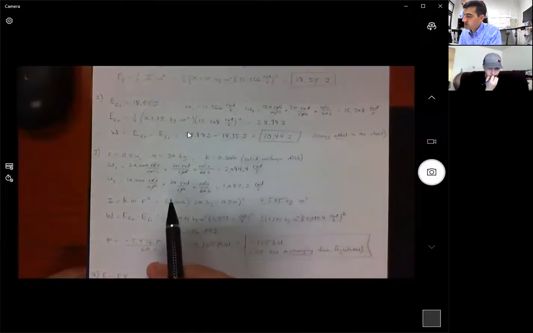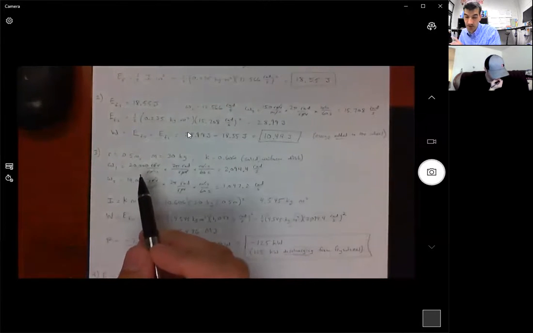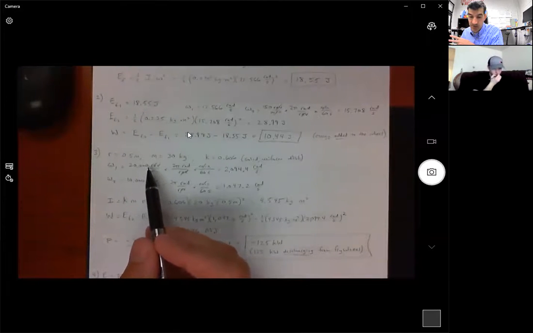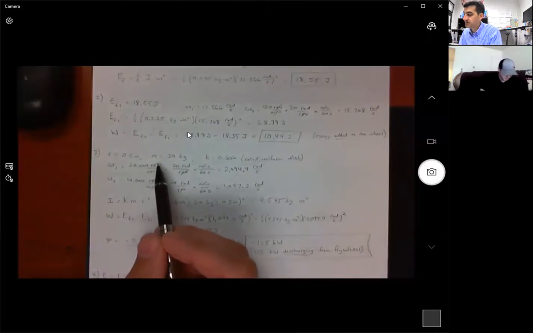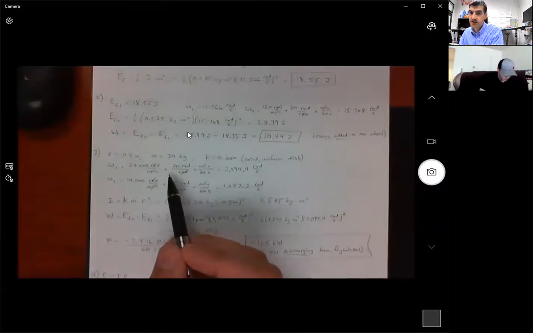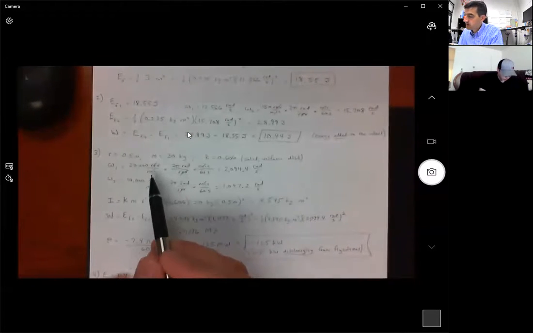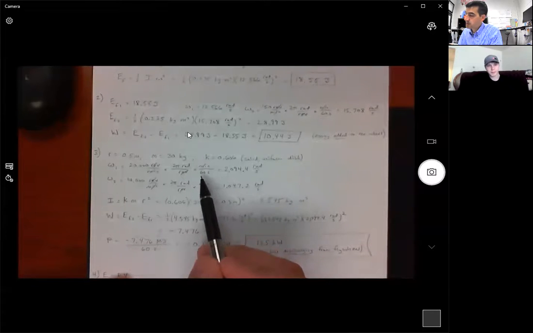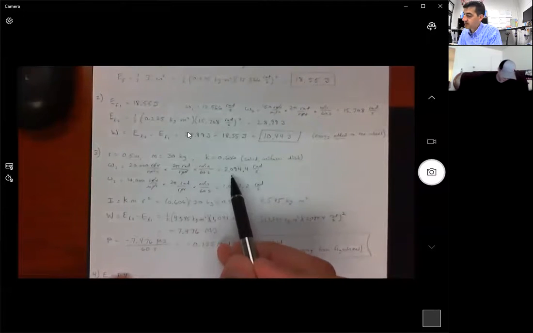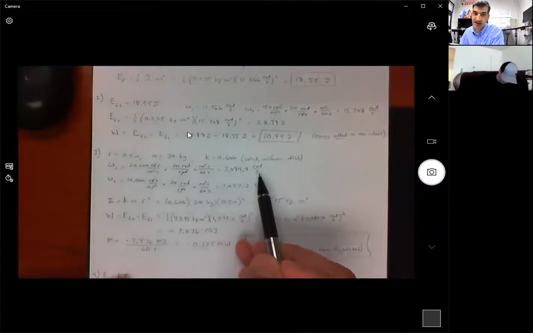And so we also are going to need our angular velocities, both at time 1 and at time 2. At time 1, it was spinning at 20,000 revolutions per minute. So convert into radians per second, just like we did in number 1 and number 2, and convert from revolutions to radians and from per minute to per second. That gives you 2094.4 radians per second.